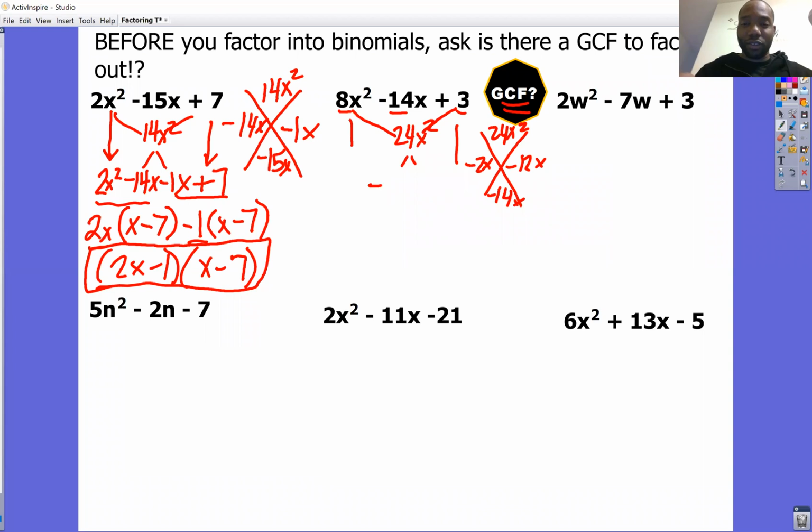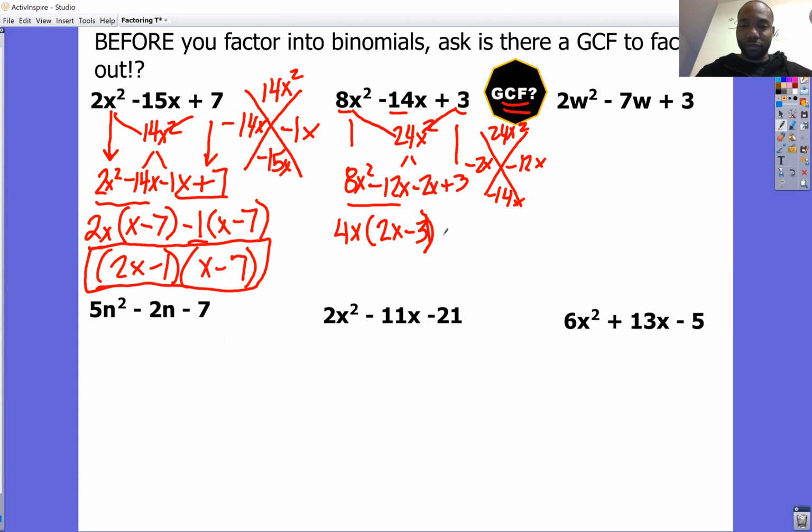So I'm going to put the negative 12x, remember the 2x came first, and negative 2x there, bring down the 8x squared, and then plus 3. So the greatest common factor between these two would have been a 4 and an x. When we factor out 4x, we end up with 2x minus 3.